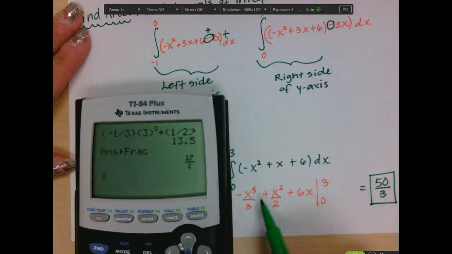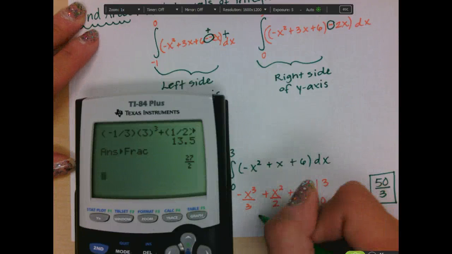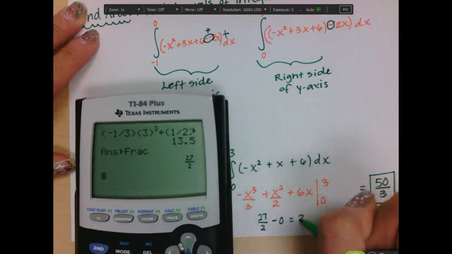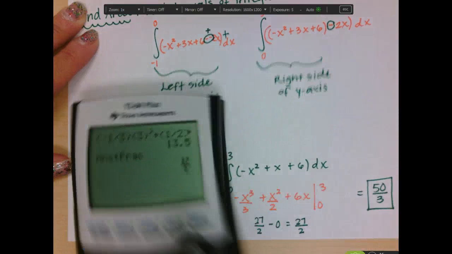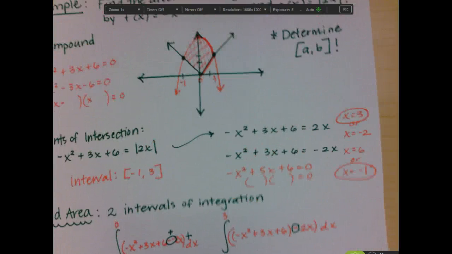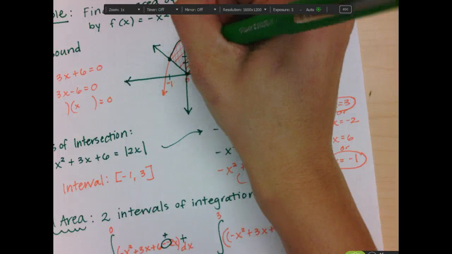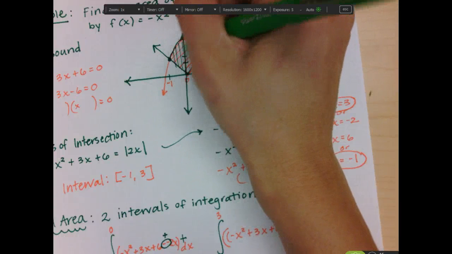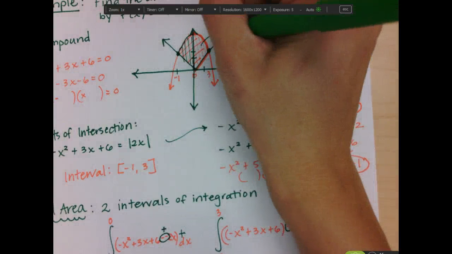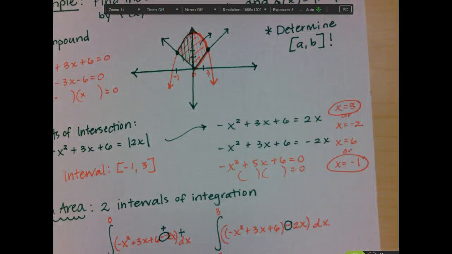When I plug 0 into this function, it's going to give me 0. So I'll get 27 halves minus 0, which is 27 halves. So I've got the area of the left side here. This region is 19/6, and then this region here is 27 halves.